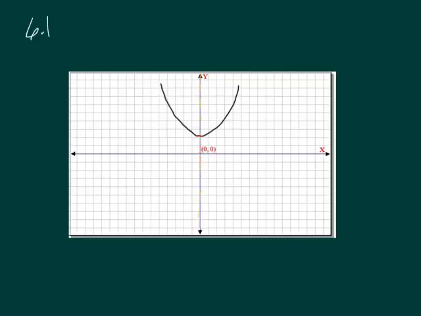I also have a line that we're going to draw, and it is called the directrix. I'll put it on here in red, and let's put it right here. Notice it is 3 units below the vertex. It doesn't matter where it is, it just depends on the particular problem on where that directrix is going to be.